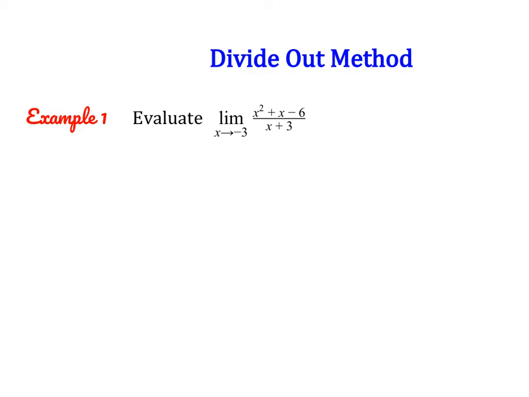So let's try that first method, dividing out a common factor. You can see that since I'm trying to find the limit of this function as x approaches -3, if I use direct substitution, my denominator becomes 0 and it's undefined. So we're going to see if there's some sort of common factor that we can find. So let's factor our numerator.